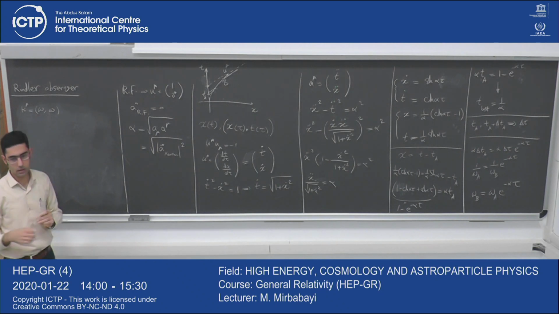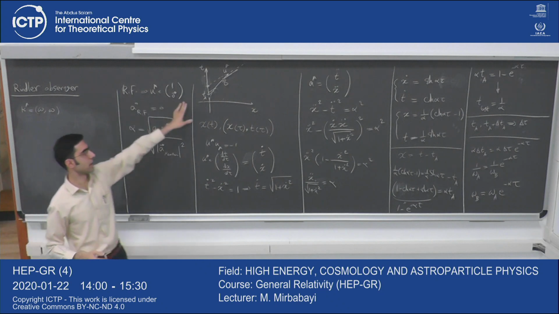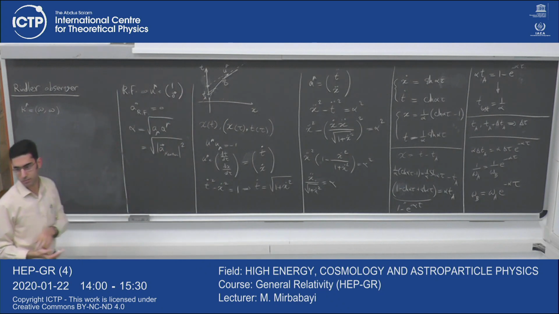And then this omega is the frequency of the photon. Of course, the frequency of the photon is an observer-dependent thing. So this is the frequency of the photon in this particular frame that I consider. What frame is it? This is the rest frame of Alice.